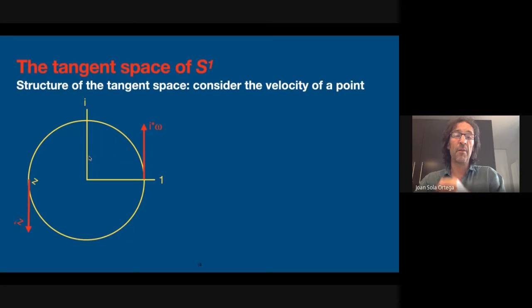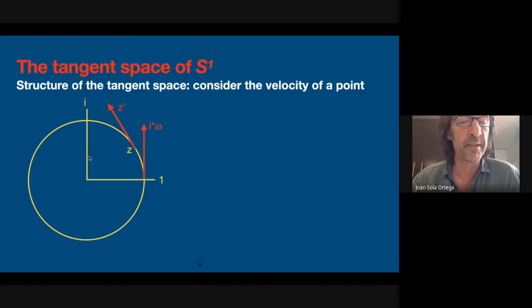Let's do a little bit of algebra. Put some symbols and operations to this otherwise very abstract discussion. We have the manifold of unit complex numbers, and we have a point moving on this manifold. Because it's moving on this manifold, it has a velocity, and the velocity is tangent to the curve.